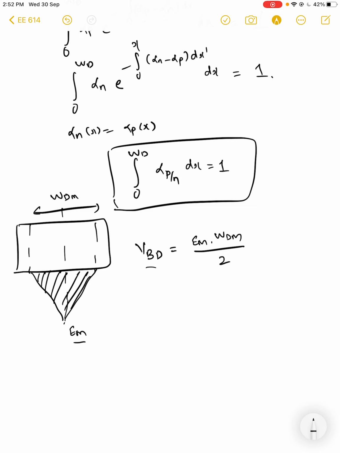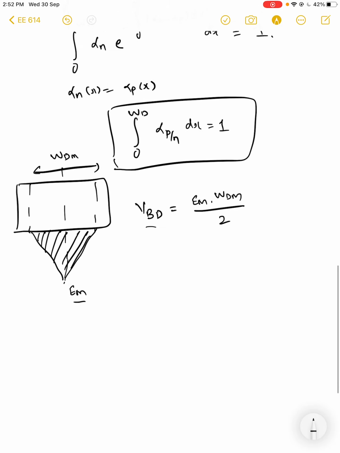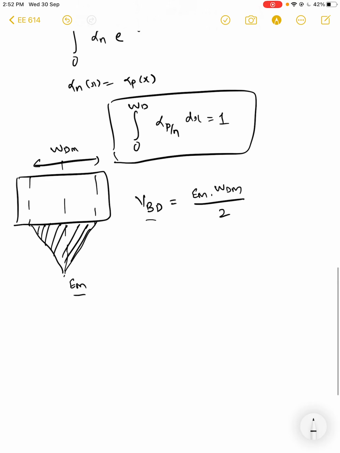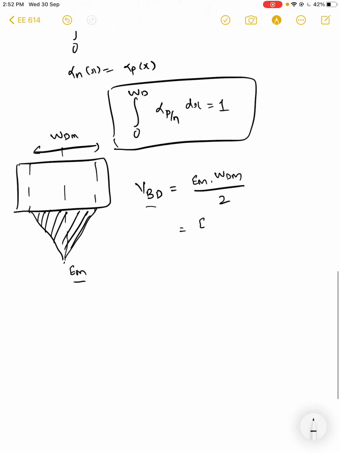And from our previous treatment, we also know that the depletion width can be written in a simplified form, again as a function of the maximum electric field, as EM epsilon s by 2q N, which is basically EM square epsilon s by 2q N, epsilon s being the dielectric constant.